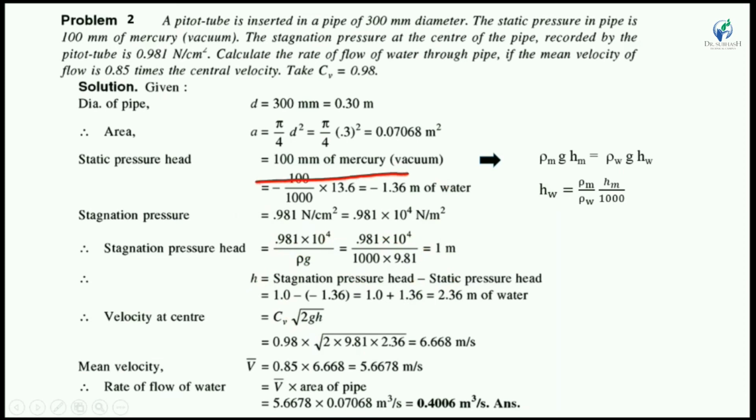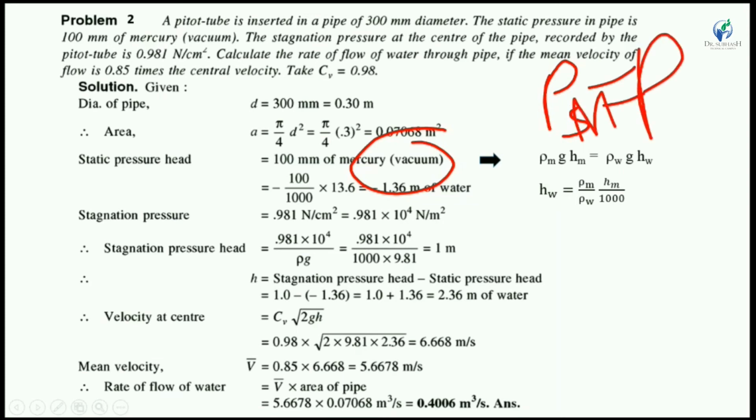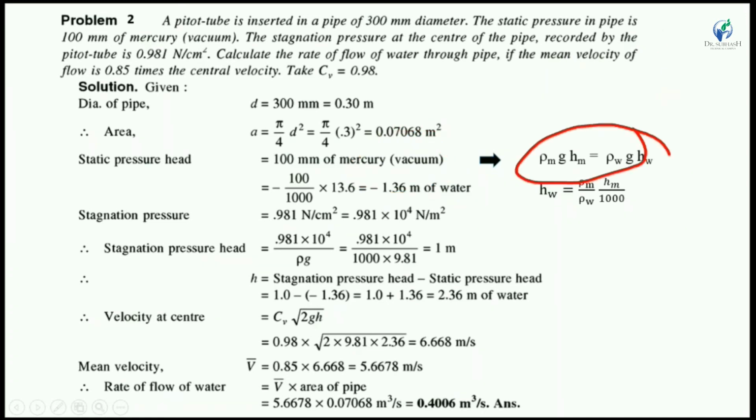So the static pressure head is 100 mm of mercury. Here the pressure head is given as a column of mercury, so we have to find it in a column of water. The pressure generated due to the column of mercury is equal to the pressure generated due to the column of water. So rho g h for mercury equals rho g h for water.